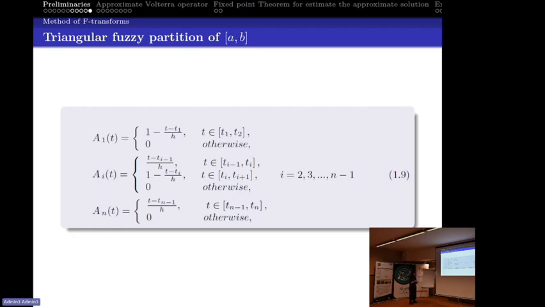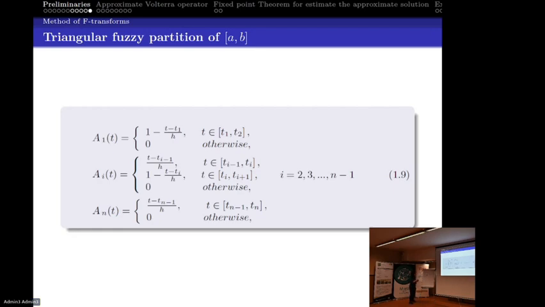What we will do next is use fuzzy transform to approximate this equation into a simpler version. For this part, it's easy to approximate by fuzzy transform. For this part, it's also easy. But this part is quite complicated, right?